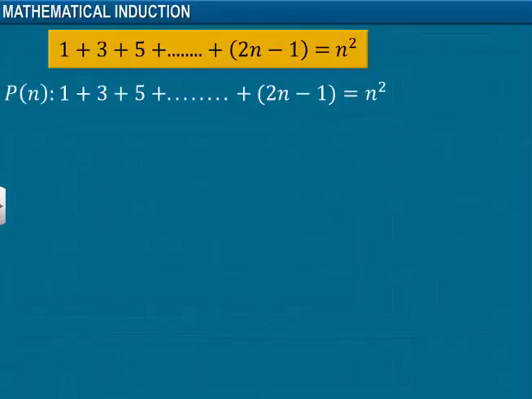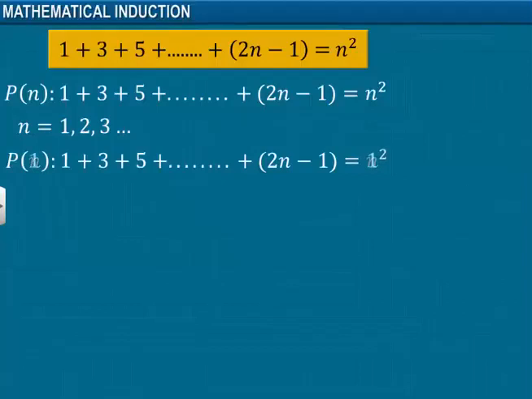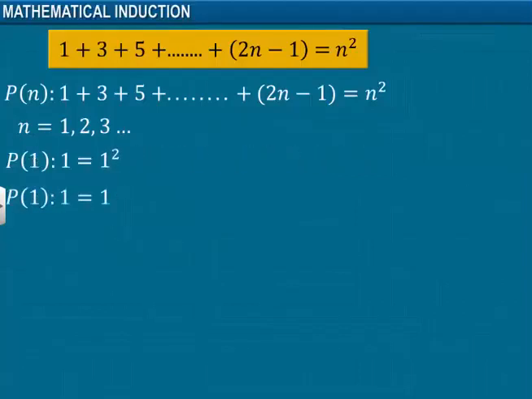This can be proved by replacing n with 1, 2, 3, and so on. Let's first consider n equal to 1. That is, 1 is equal to the square of the first odd positive integer. Thus, P of 1 is true. This statement can be considered as a fact.